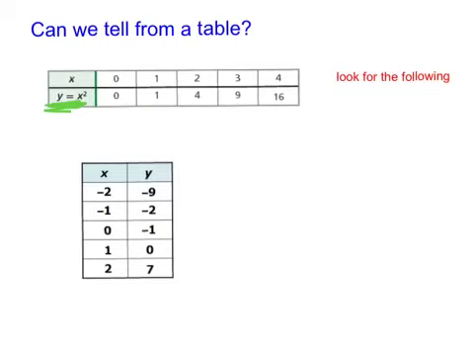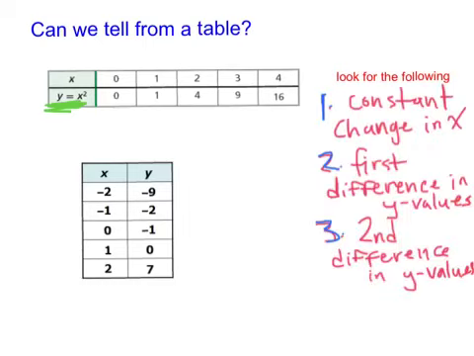But there are a couple of things we need to look for. First, a constant change in x. If we look at this first table, we look for whether there is a constant change as we go from x value to x value. This is plus 1 every time: from 0 to 1, 1 to 2, 2 to 3, and 3 to 4.